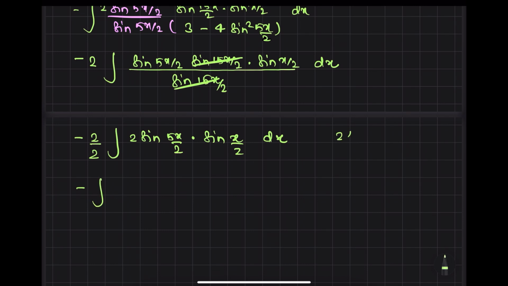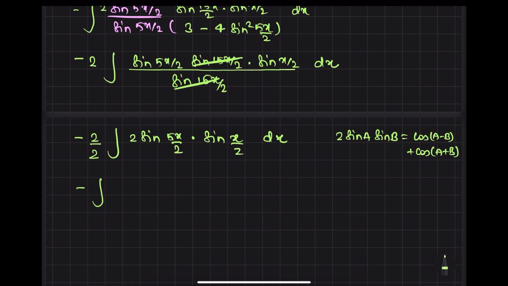Now look at this. Do you remember that 2 sine A sine B becomes what? In the cos formula we used to have this kind of situation. Okay. So we used to write cos A minus B plus cos A plus B. Hope you remember this formula.